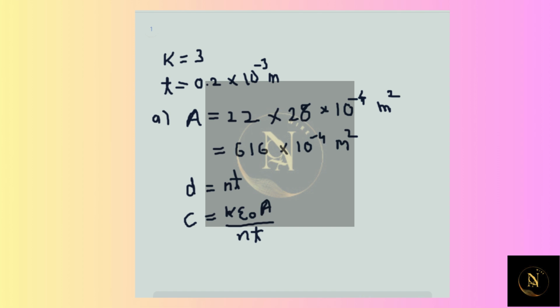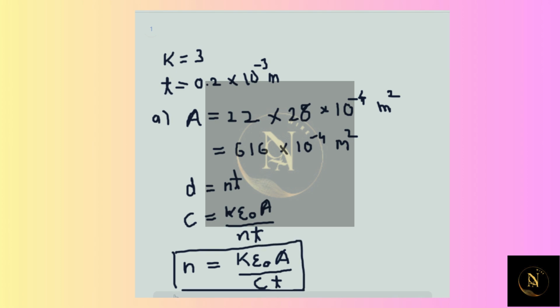Since we need to find the number of papers, we get N equals K epsilon naught A over C times t. This is the formula we will use to find the number of sheets of paper she should use to get a 1 nanofarad capacitor.